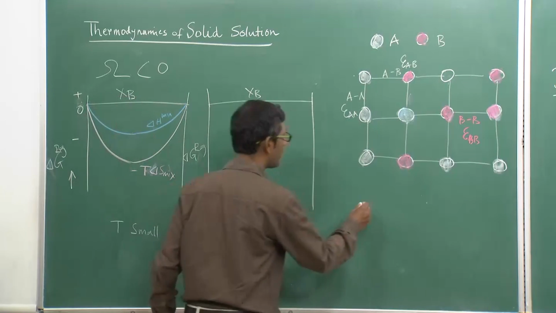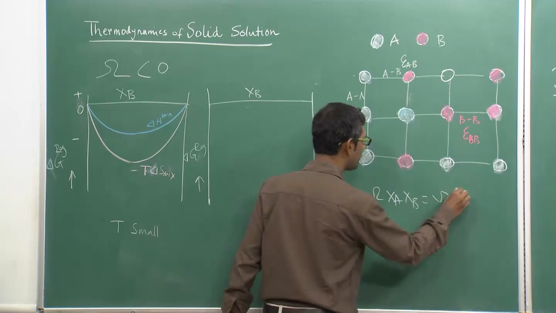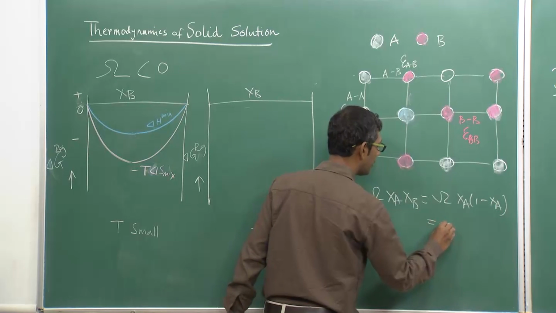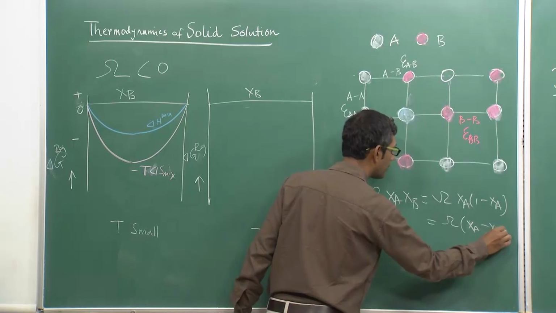If you are not understanding, I can write it down: sigma xA (1 minus xA), so sigma (xA minus xA square).